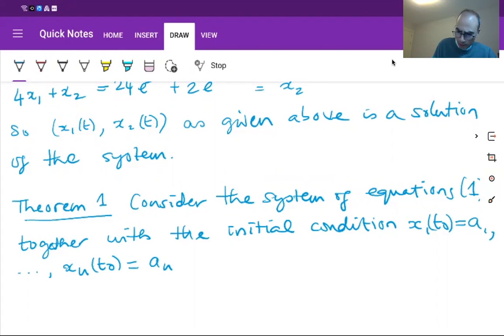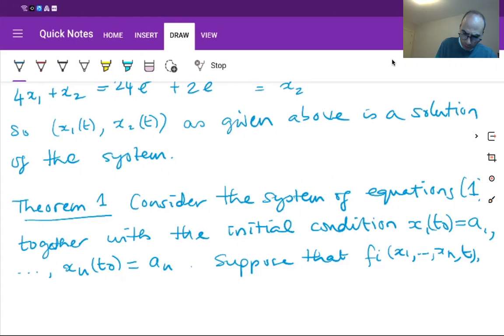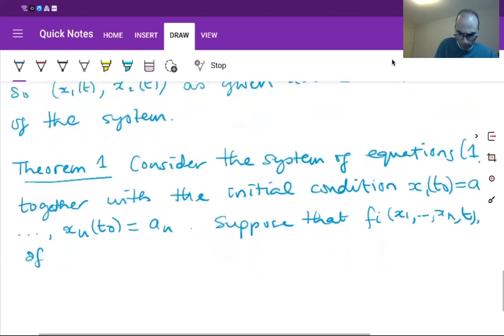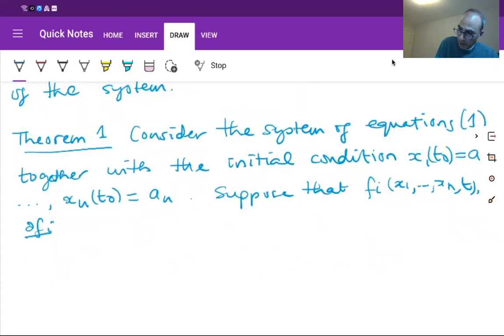Let's suppose that each of the functions fi(x1 up to xn, t) and the partial derivatives of the fi's with respect to xj are continuous.